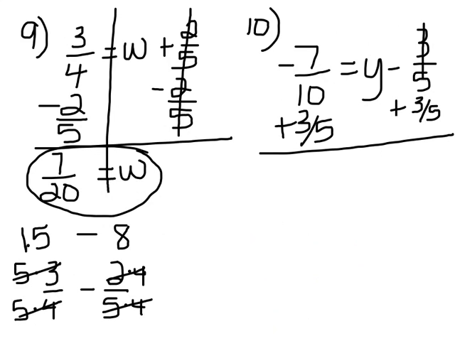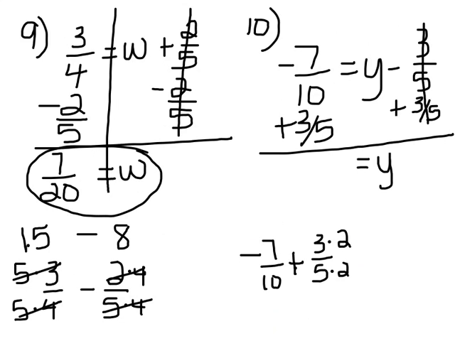On the right side, our 3/5 cancel out, and we're left with y. On the left side, we have a -7/10 plus 3/5. We will need a common denominator of 10, so we'll be multiplying this fraction by 2 to get 6/10.